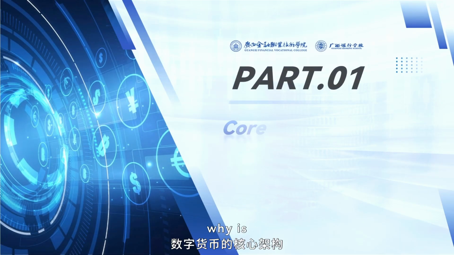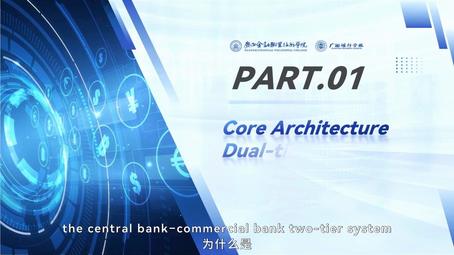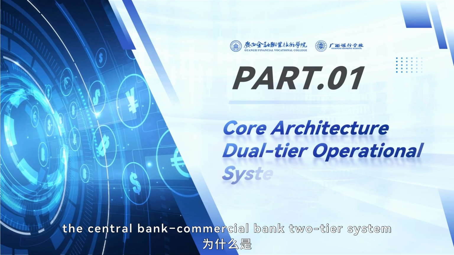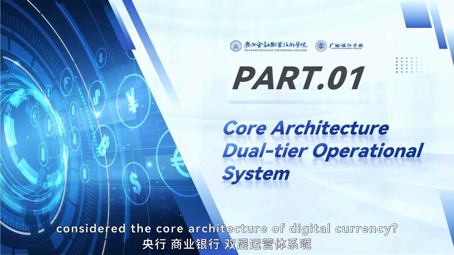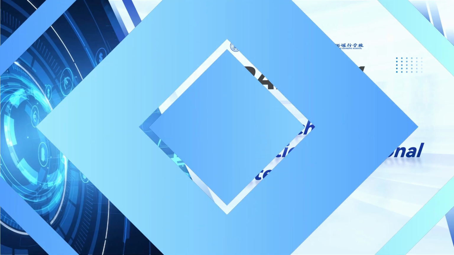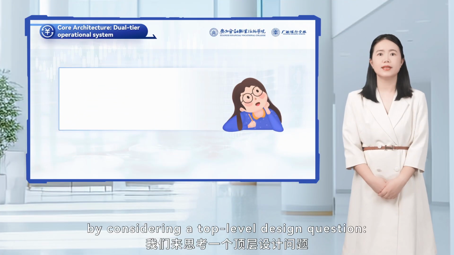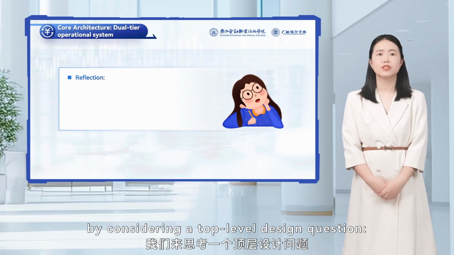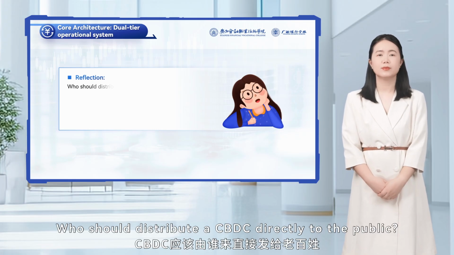Everyone, why is the central bank commercial bank two-tier system considered the core architecture of digital currency? Let's start by considering a top-level design question. Who should distribute a CBDC directly to the public?